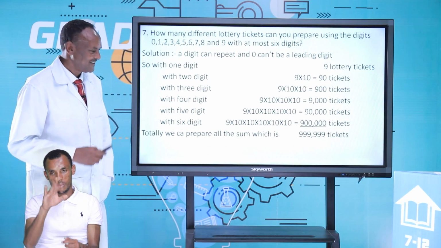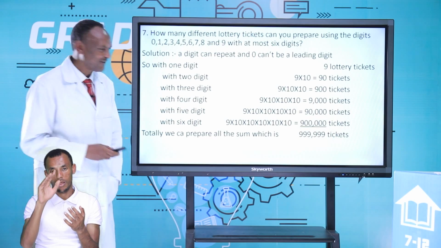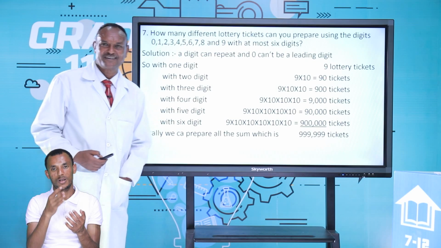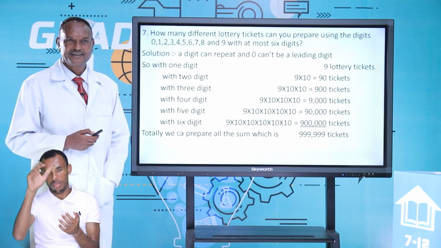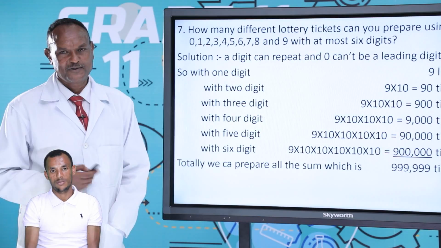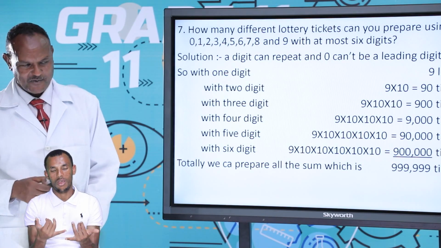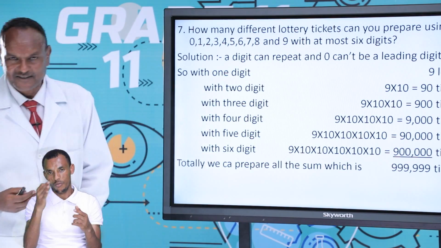The number of elements of the event is 1, and the total possible outcomes of your experiment is that number. So it will be 1 over 999,999.